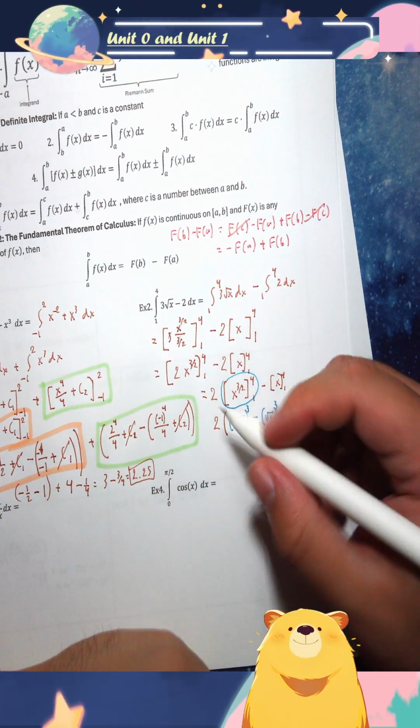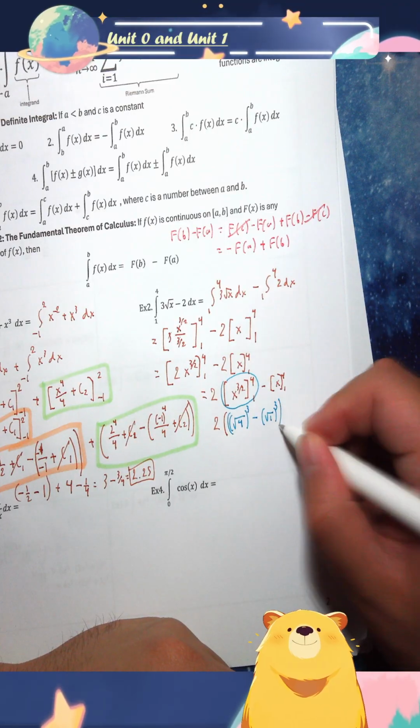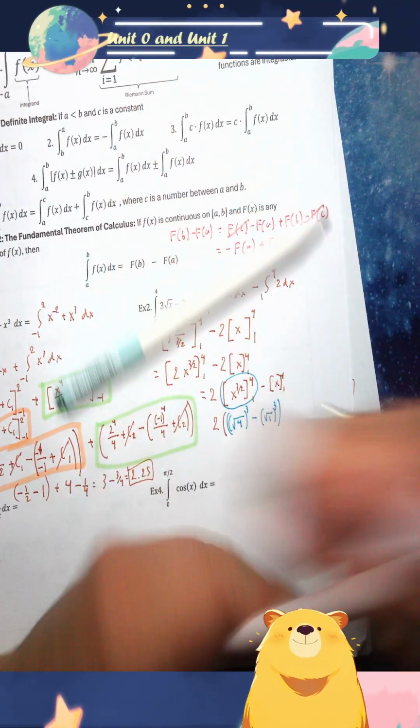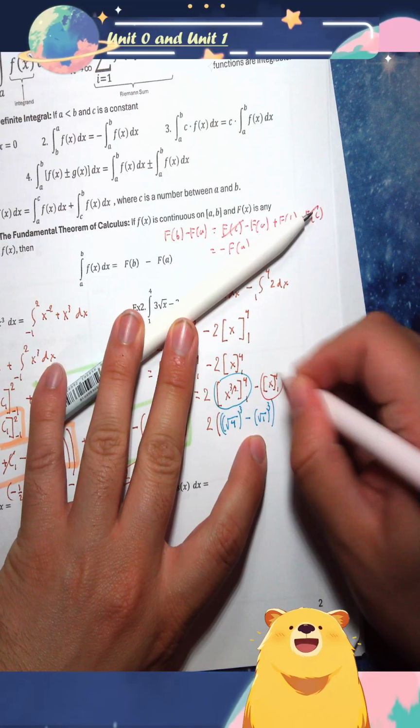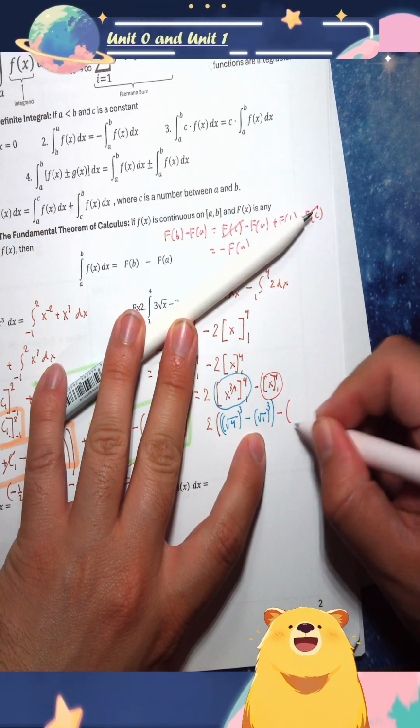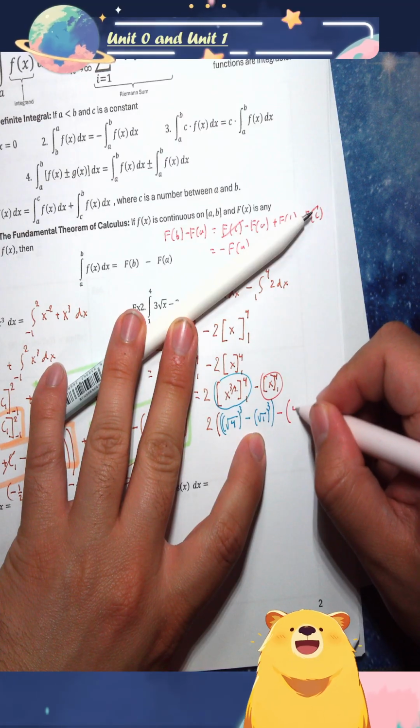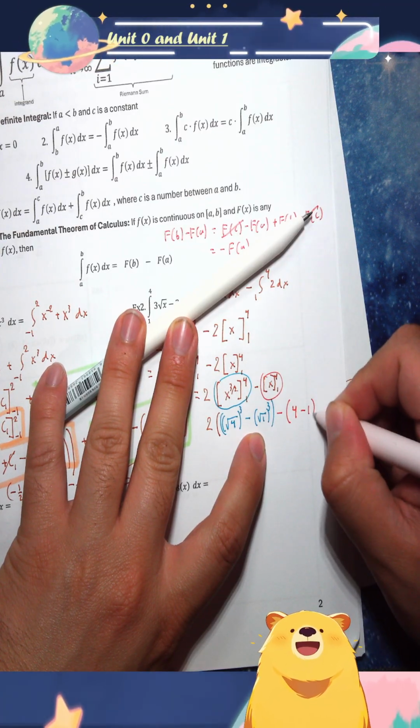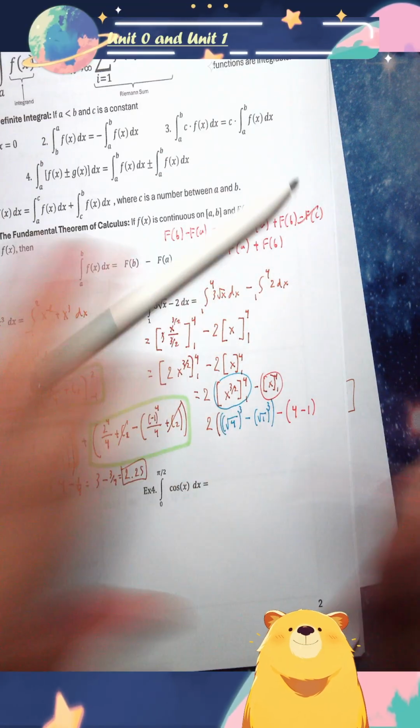And then for this one, I have minus parentheses 4 minus 1. Oh, okay. This one wasn't that crazy looking.